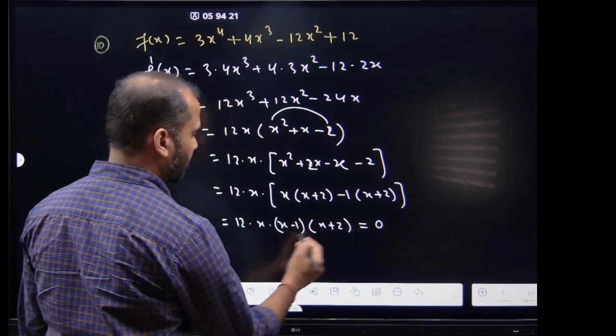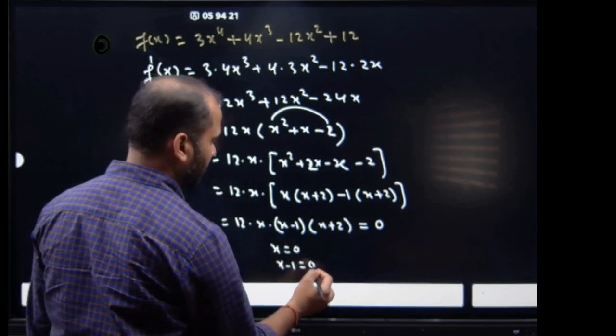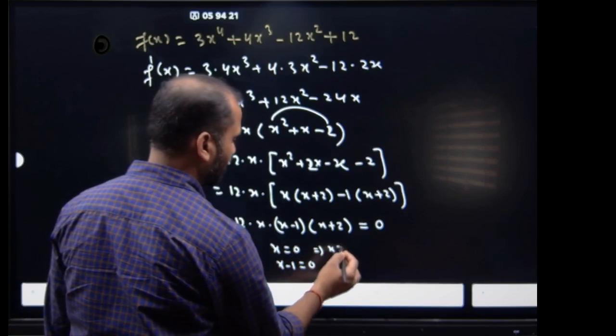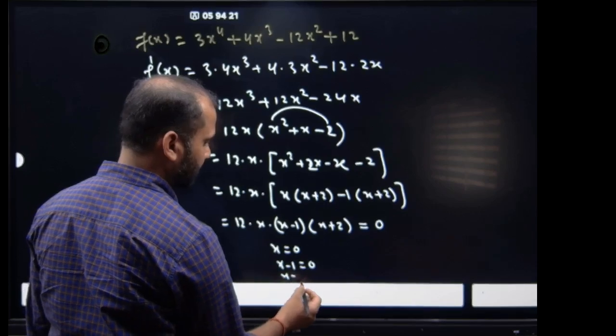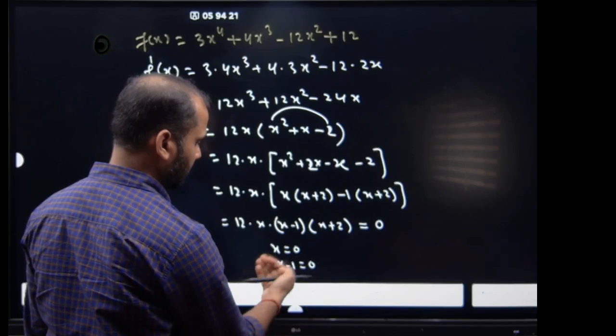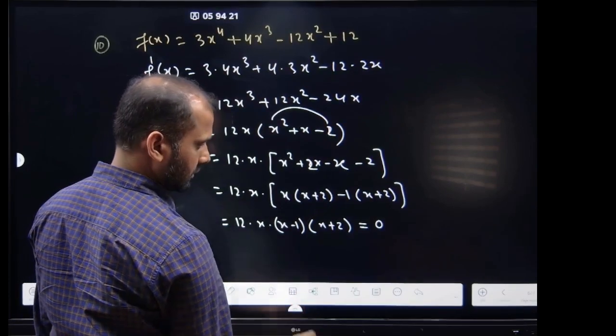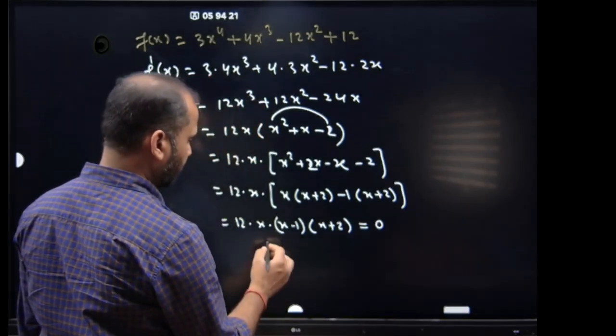So, if you put equal to 0, x is equal to 0 or x minus 1 is equal to 0. So, from here x is equal to, or one more is there, right? So, from here what you will get?